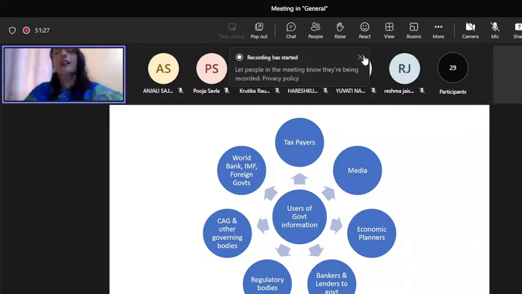The Comptroller and Auditor General of India prepares the financial reports and presents them to the President in front of the parliament, so they need to have the correct government accounting. The World Bank, IMF, foreign governments, and regulatory bodies are also stakeholders to whom the government is responsible.